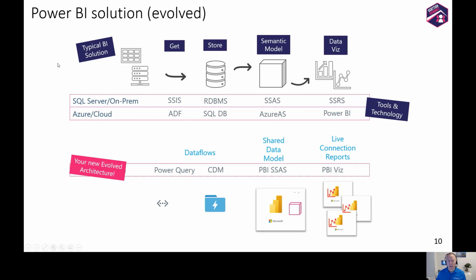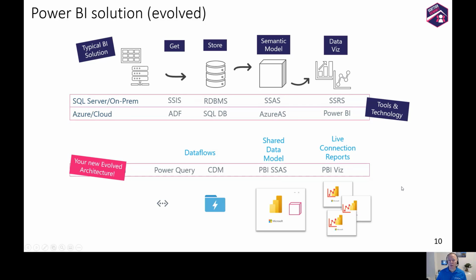So our typical BI solution has SSIS, or Azure Data Factory, for the data acquisition, relational databases or SQL database in the cloud for storing relational data. Our semantic model, we have analysis services or Azure analysis services, and then our data viz layer where we can have SSRS, Power BI, or many, many tools that can connect into our data models.